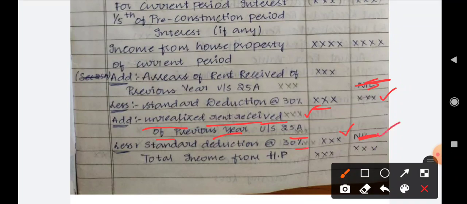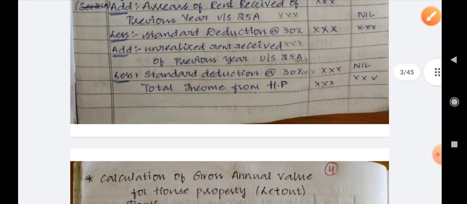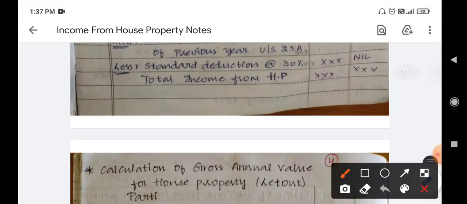Hope you have understood all this kahani I have said in the class itself. This is quick revision, we can't tell more about this. Okay, so this is about total income from house property for the assessment year. After doing all this, you will get total income from house property.